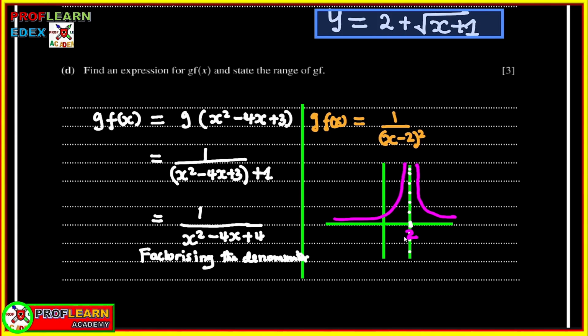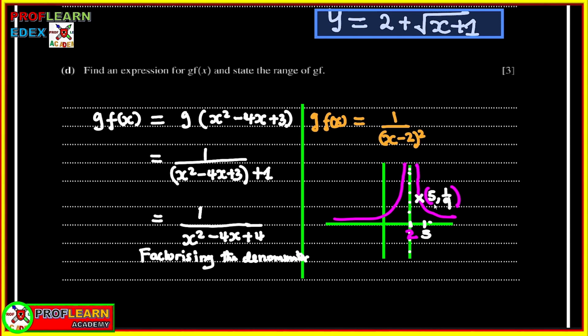This graph is a positive kind of graph, meaning it cannot go below 0. Because we were supposed to state the range of f of x, but remember we were given the value of c being equal to 5. So if you substitute 5 here, we are going to get the corresponding value of y.